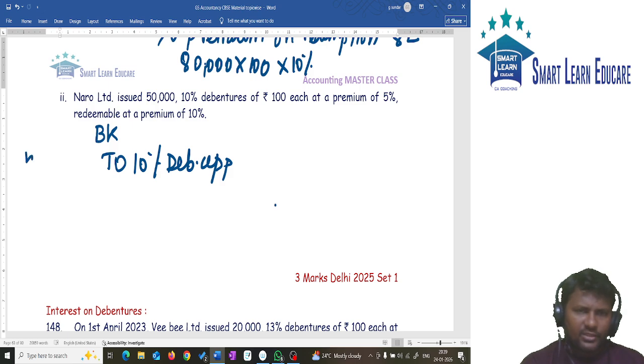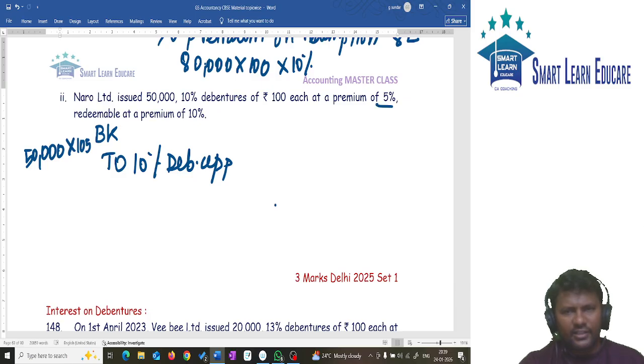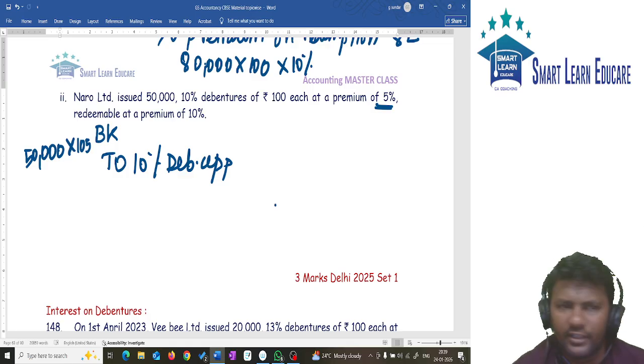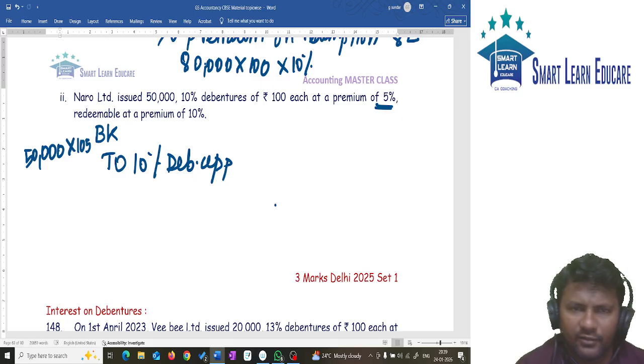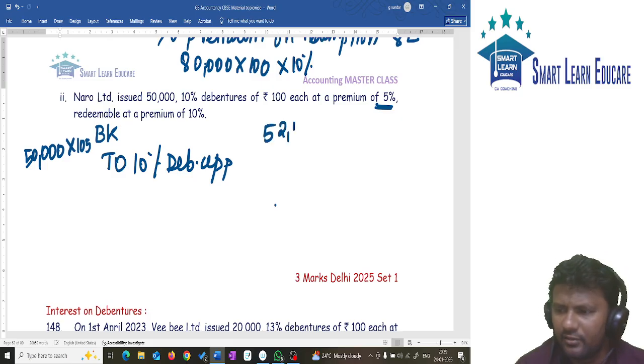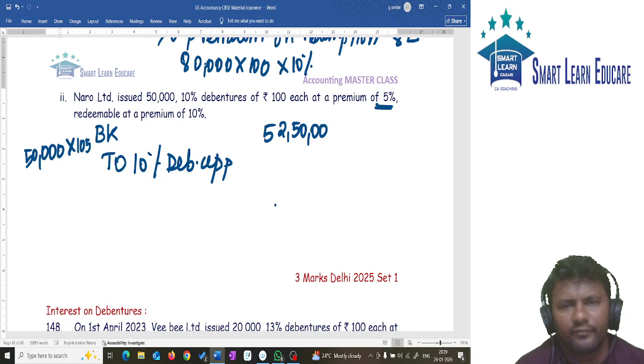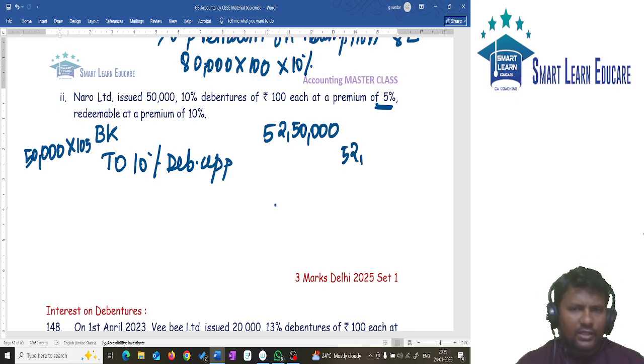It is how much? 50,000 debentures into, it is not 100, it is 105, because we are receiving extra amount, 5% premium. So 50,000 is the number of debentures. 50,000 into 105 will give you 52 lakhs and 50,000.